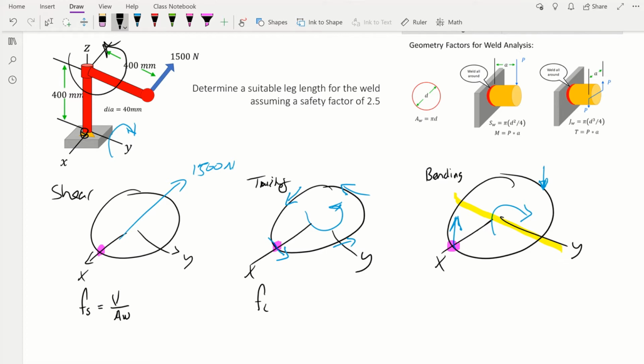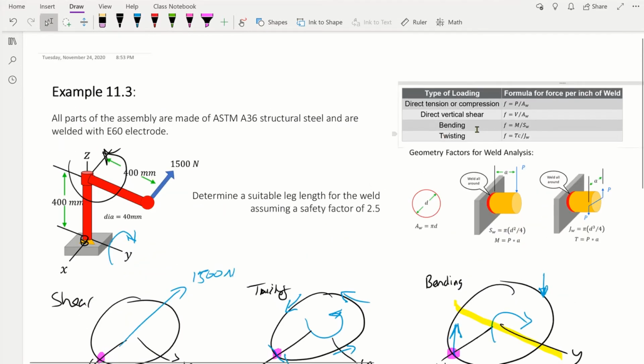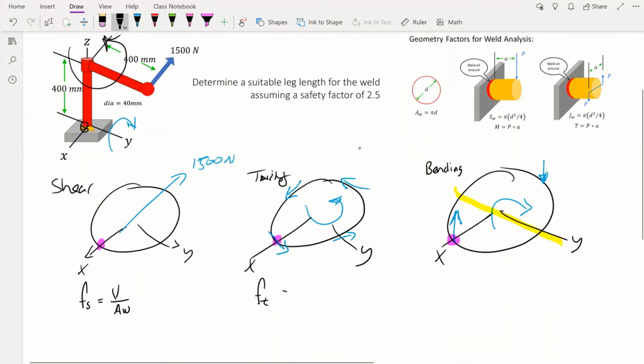The force due to twisting, if we look over here, is TC by JW, where T is the torque, C is the distance from the centroid of the weld to the weld, and then JW. And then the force due to bending is going to be the bending moment divided by this quantity SW. So those are the formulas.